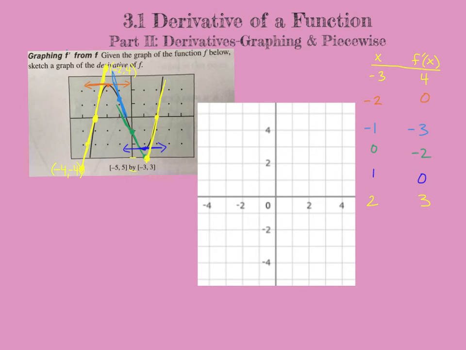All right, now I've inserted a blank coordinate graph, and this is where I'm going to plot f prime. I'm just going to plot those points that I have written down in orange here: (-3, 4), then (-2, 0), (-1, -3), (0, -2), (1, 0), and (2, 3).